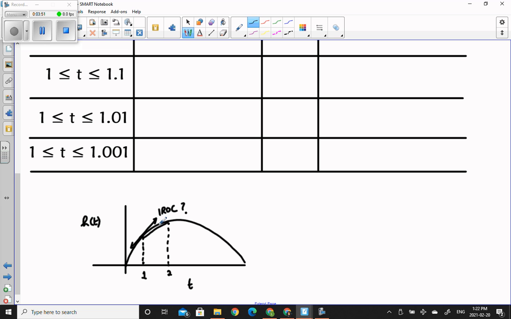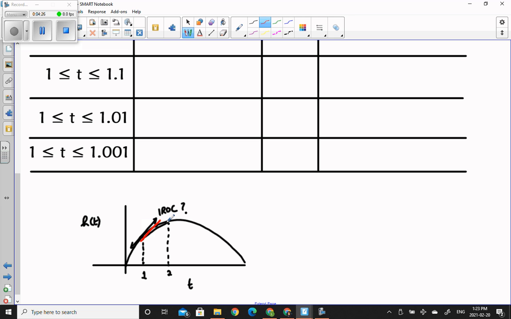So we go to 1.5 and find the slope of that secant line. Then even closer, let's say 1.1, and find the slope of that secant line. Then get even closer, a line between 1 and 1.01, which is very close to 1, and find the slope of that line. Then a line that connects 1 and 1.001, which is extremely close to 1.